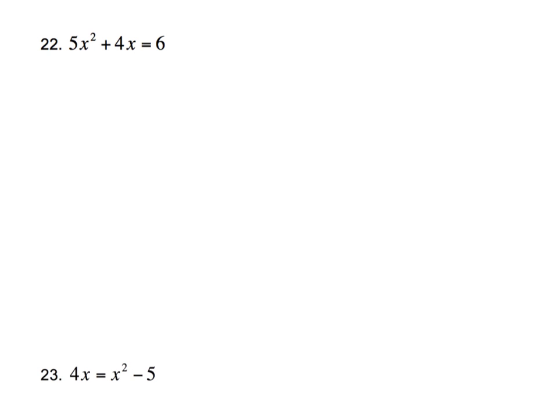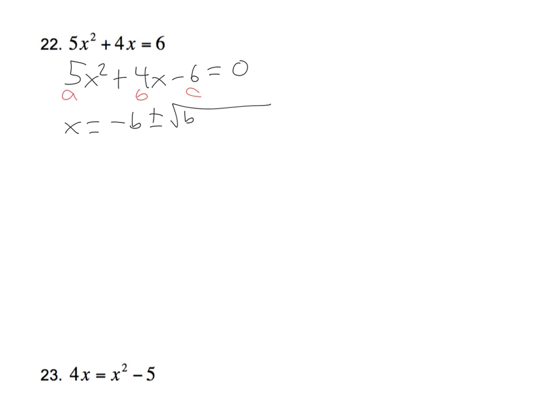Moving on to this next one here, once again, I'm going to get it into that ax squared plus bx plus c form. So 5x squared plus 4x minus 6 equals 0. Okay, I can identify my a, my b, and my c yet again, and so I take that quadratic formula, negative b plus or minus the square root of b squared minus 4ac all over 2a, and I can go ahead and plug in those values.